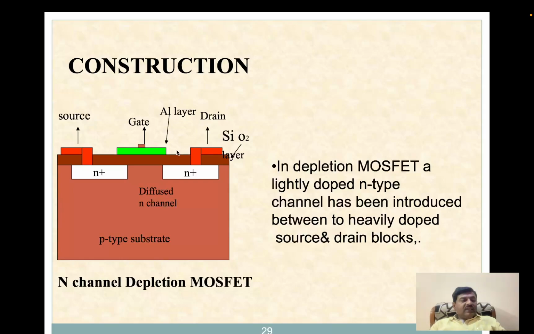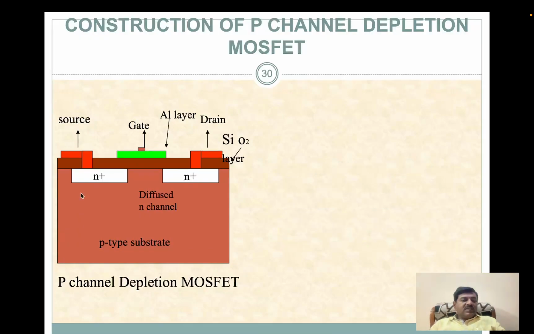Here in the depletion MOSFET, a lightly doped N channel has been introduced. See in the diagram you can see the N channel has been diffused onto a P type substrate. These N channel materials will act like a source and drain.